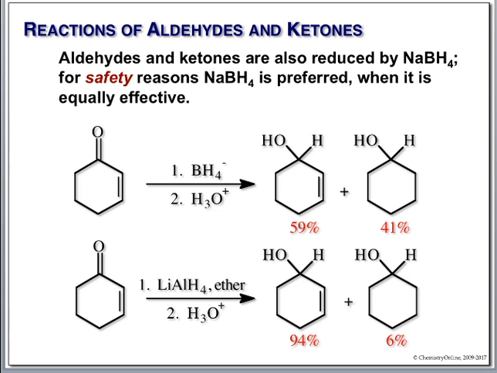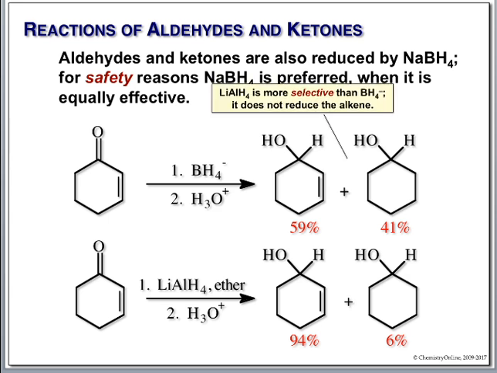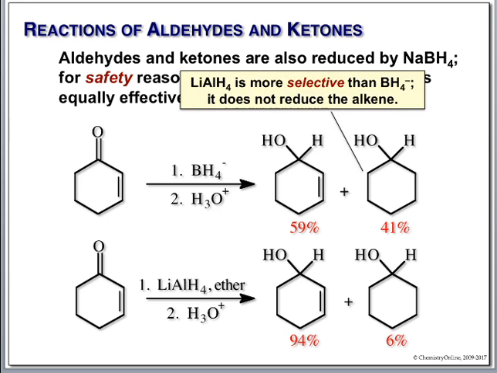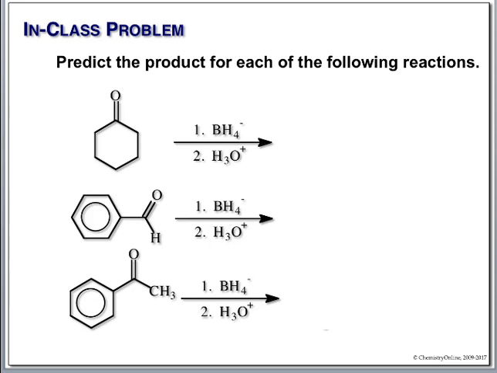With borohydride, we get about a 50-50 mix. So lithal is better. Borohydride is much safer, much easier to use. Let's review some of these. Quickly jot down the reduction products for the borohydride reduction of these carbonyl compounds.